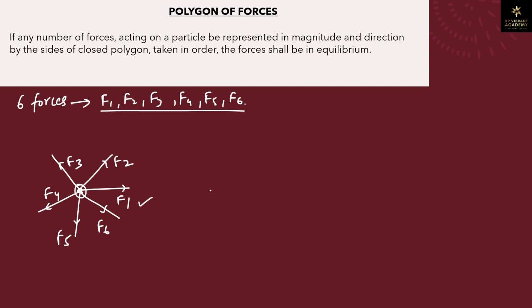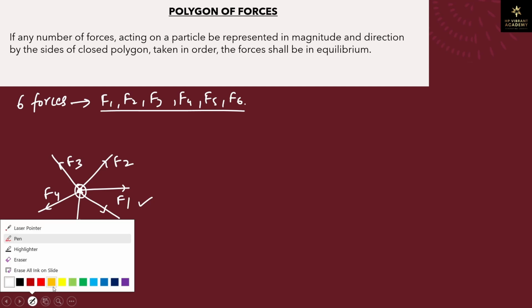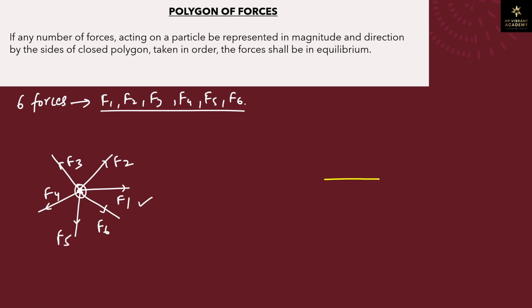So let us draw F1 in this particular direction. Let us name this as A and this as B. F2 is in this particular direction. Now we have F3.